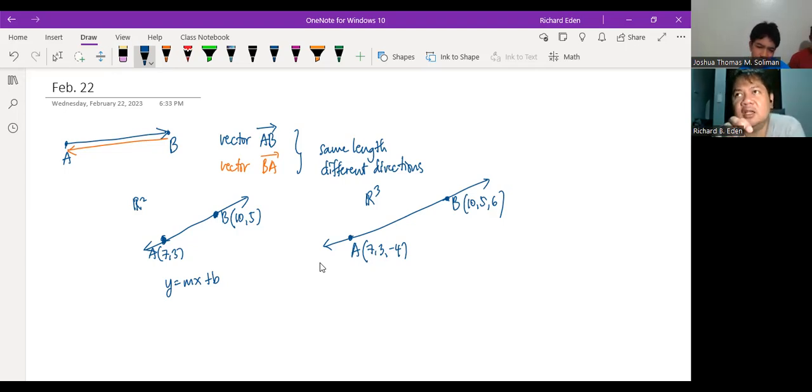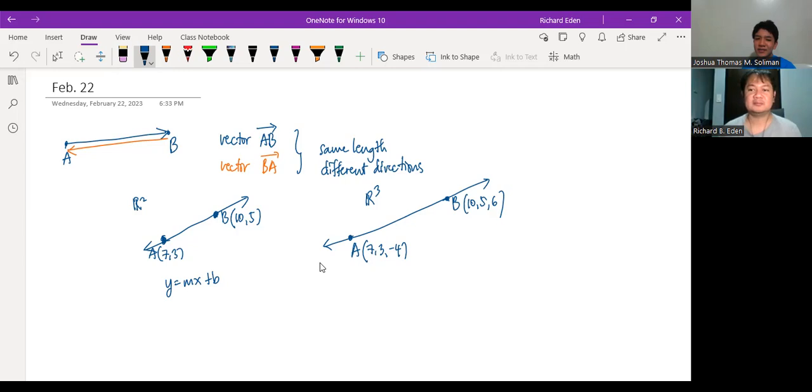Now, the idea when you add two vectors is that, for example, you start with vector AB, you start at A and you end up at B. Adding vector BA means continuing the story. This time you're traveling from B and going to A. But if you take those two vectors, you started originally from A, but at the end of it all, you end up at A. So there is no change of location. And so there is a vector that describes all of that, and that's the zero vector.